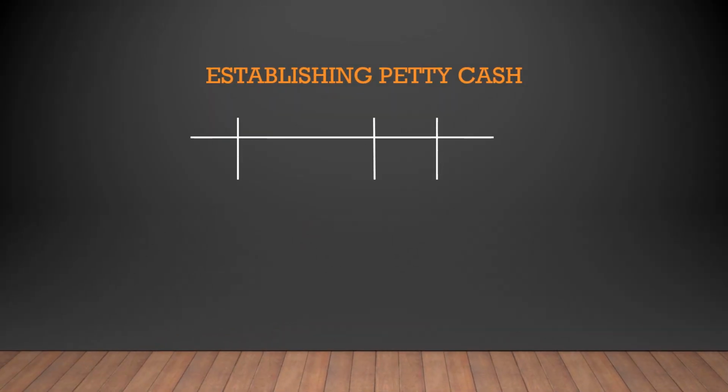Let's book some entries and describe what they represent. To establish a petty cash fund, we would debit petty cash and credit cash for whatever amount we choose, say $300. In this case, we've decided to keep $300 of physical currency in the office for incidental expenditures.